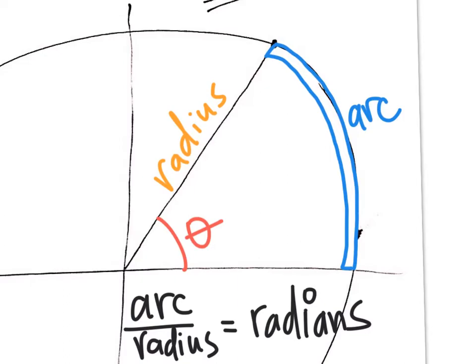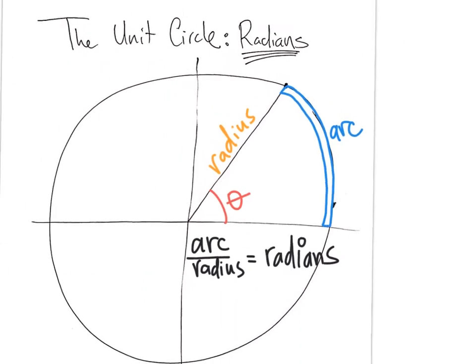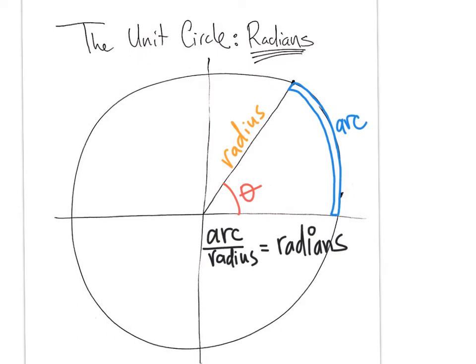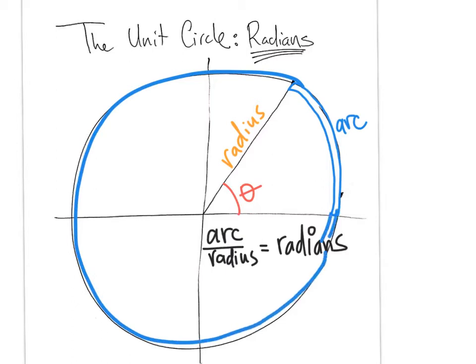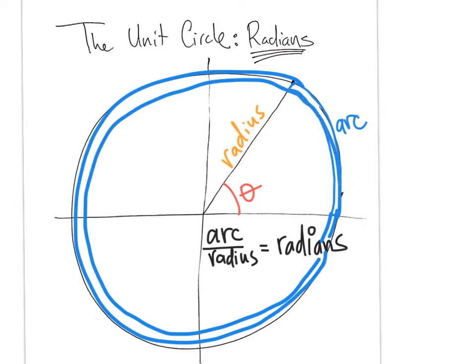Let's talk about how it relates to degrees, because here we have our unit circle, and we know that if we go all the way around once, that's 360 degrees. If we were going all the way around once, what would that pizza crust look like? Well, it's a whole pizza, all the way around. Nice, yummy, big pizza. And if we were measuring that distance, you definitely remember from geometry that the circumference, the distance around, is 2 pi r.